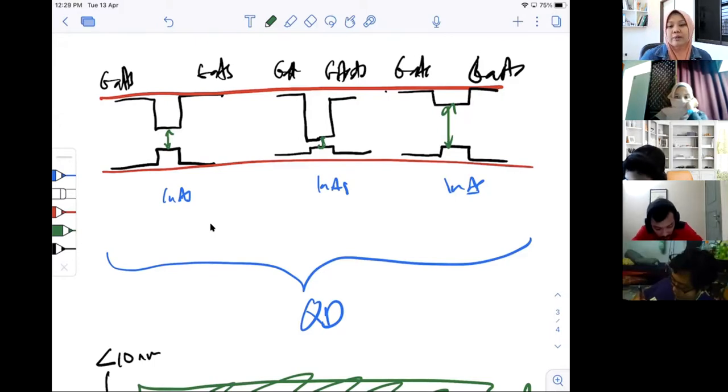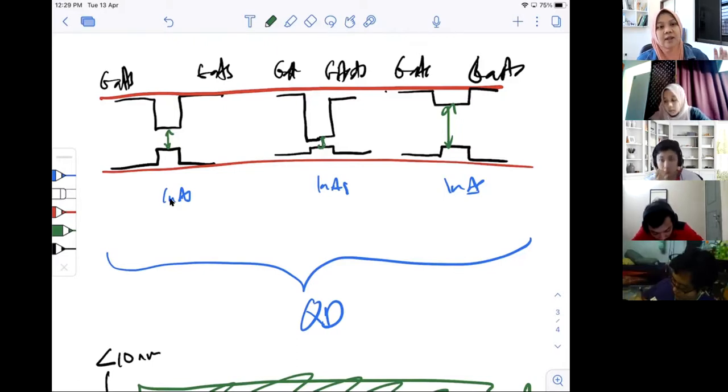So orang kata band gap engineering tu, one of it is using quantum dot. Ada kat band gap engineering dia kata band gap engineering using different material. Okay, fine, betul juga. Tapi yang ni one way you can change the band gap energy is by playing with the size of the dot. Okay, and sampai kat situ je lah, saya tak cerita lain. Quantum dot ni banyak lagi.